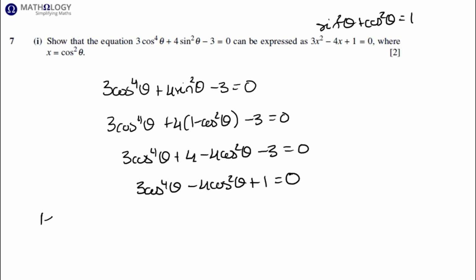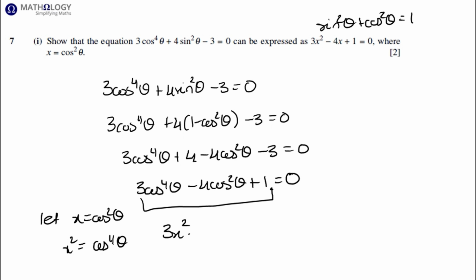Now, if we let x be cos squared theta, that means that cos to the 4 theta will be x squared. So we can express it as 3x squared minus 4x plus 1, and that equals 0.